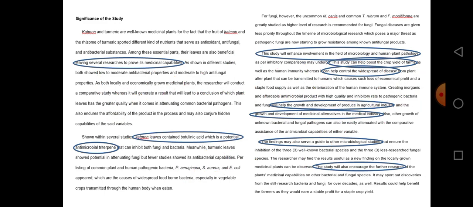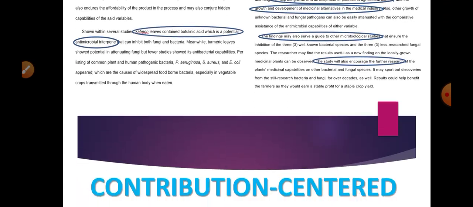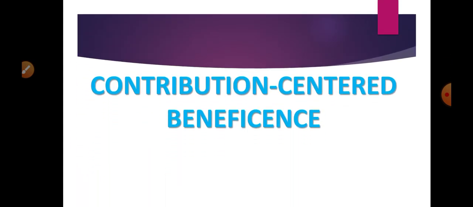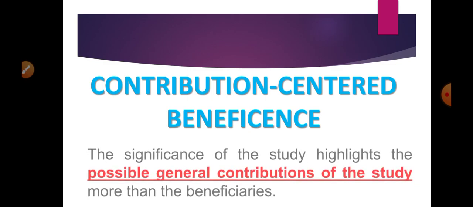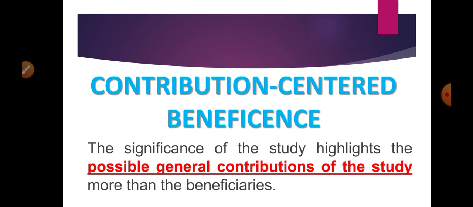Hence, class, this organizational pattern where we highlight the benefits and contributions more than the beneficiaries is known as contribution-centered beneficence. Okay? So, in contribution-centered beneficence, the significance of the study highlights the possible general contributions of the study more than the beneficiaries.